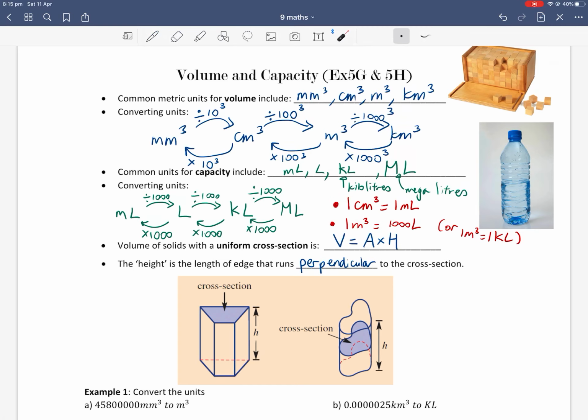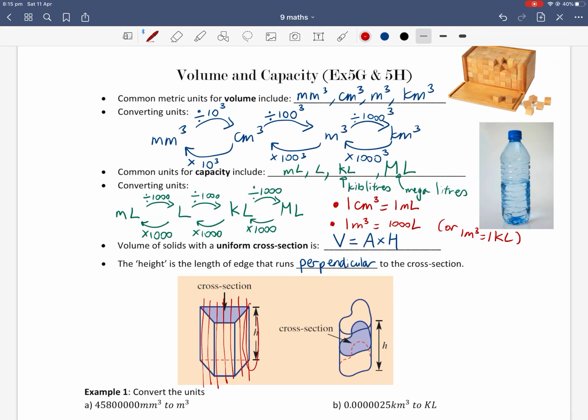Uniform cross-section is talking about how you slice the 3D object so that every slice looks exactly the same shape. For example, if I've got this trapezoidal prism, this 3D shape, and I chop it vertically downwards like this, will my slices look the same every time?